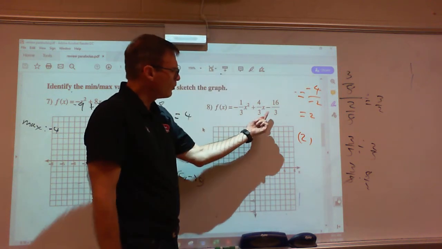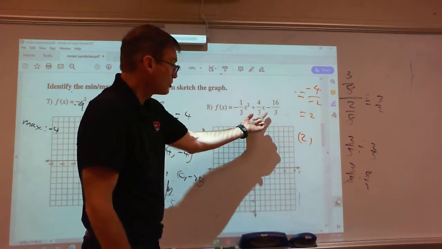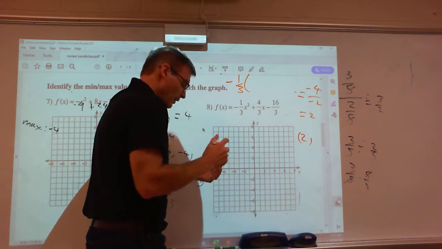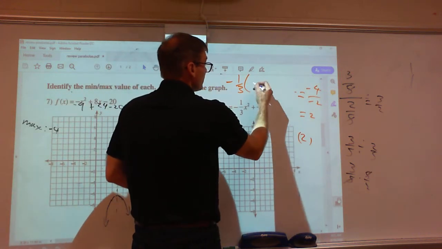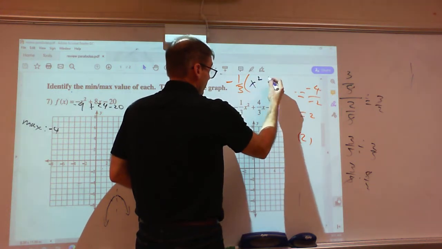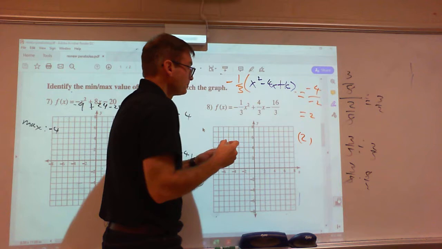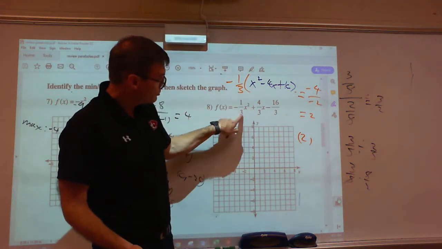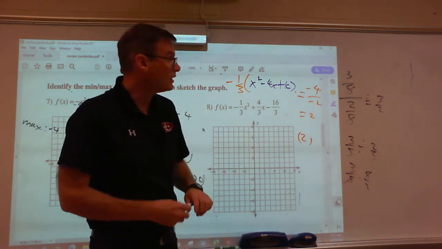When I cheat, I'm going to factor out a -1/3. That gives me x squared minus 4x plus 16. If you multiply back, this times this gives me this, this times this gives me the positive 4/3, and this times this gives me the 16.